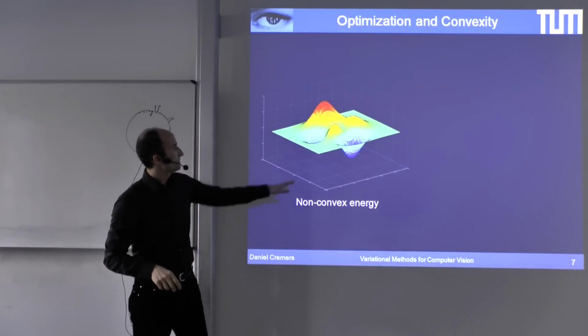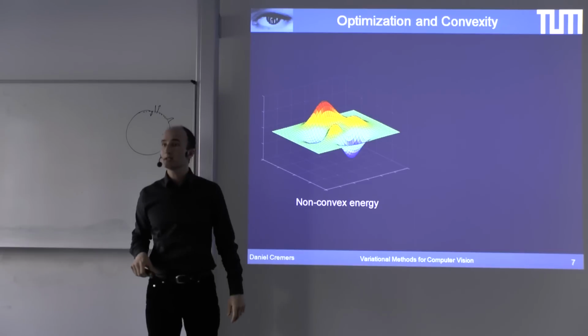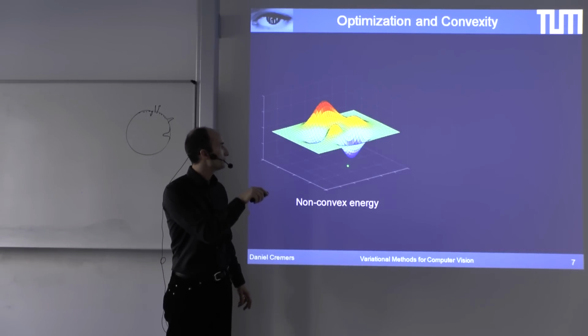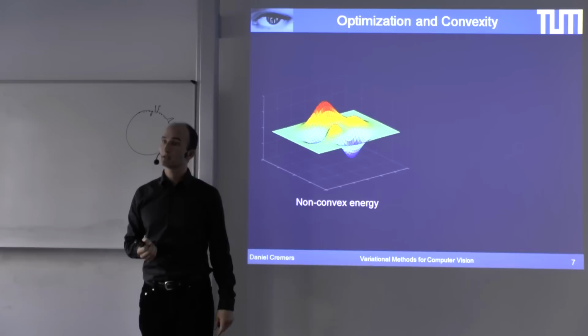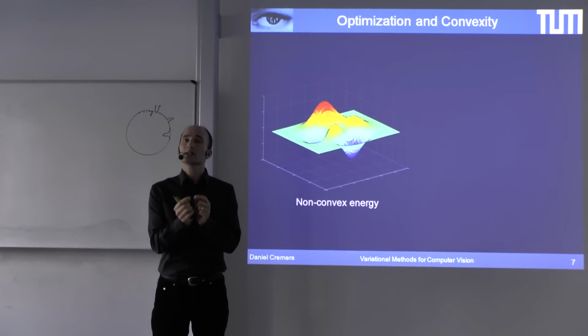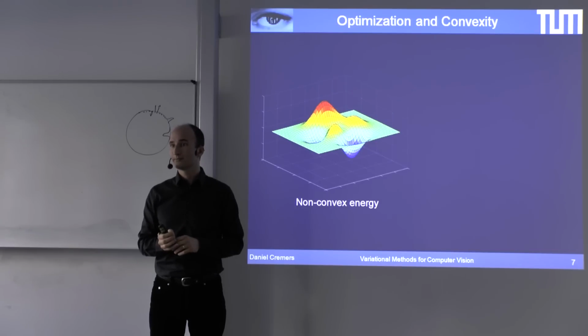Then the idea is that you set up a cost function on this two-dimensional space, which assigns to each configuration of possible parameter values some cost or quality criterion. And that cost encodes somehow how well that configuration solves your problem.